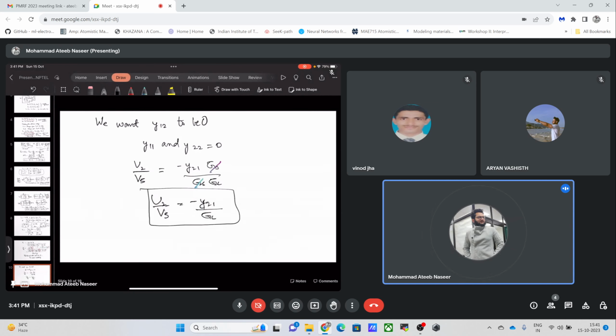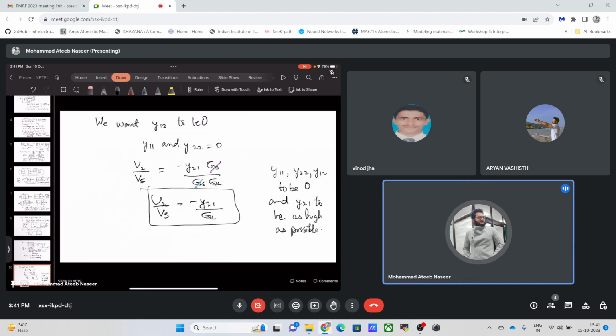Okay, so in order to have the maximum gain, what we require is that y11, y22 and y12 should be equal to 0, and we want y21 to be as high as possible.